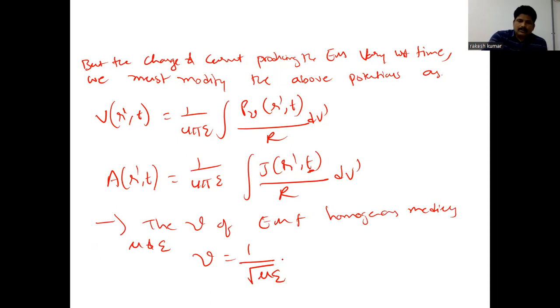Then the potential at any point is not due to the value of charge density at the same point at the same instant, but its value at some previous instant, as the electromagnetic wave propagates with a finite velocity. So it depends not only upon the present time but also upon the previous instant.